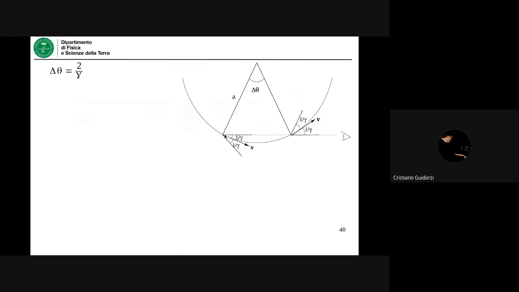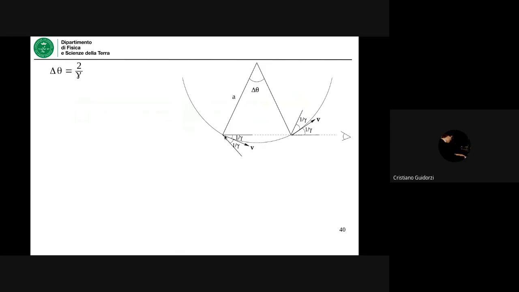And here I showed the cone of the relativistic beaming of the electron at two particular instants. Let's suppose the electron is moving this way, as you can also see from the velocity vector of the electron.